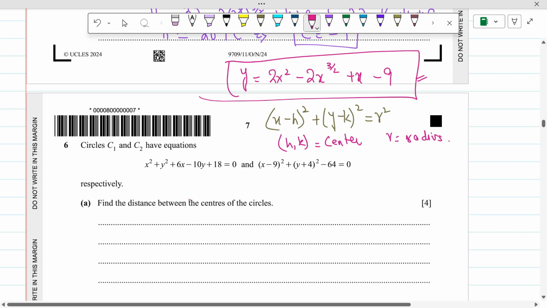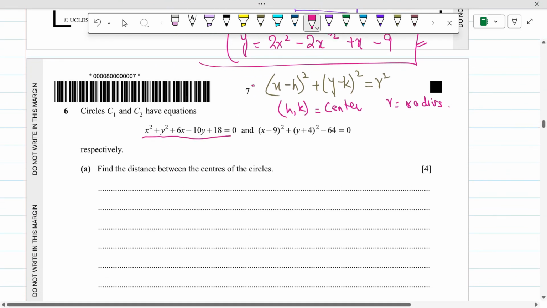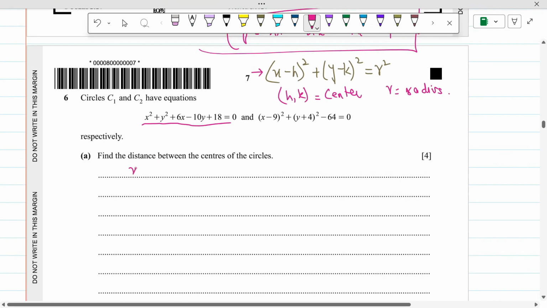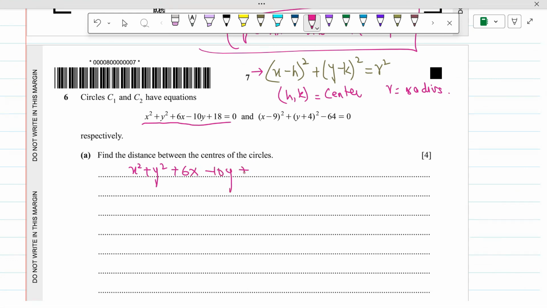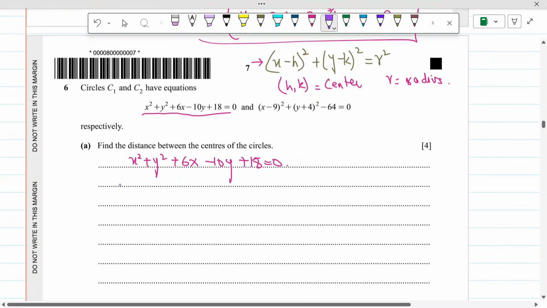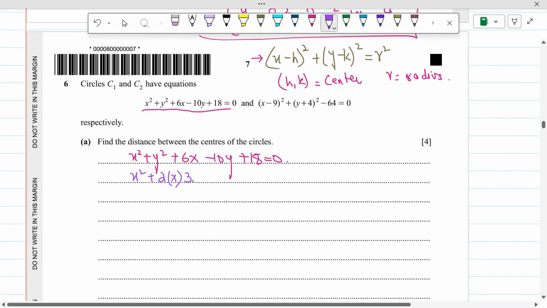If we can find the center of both equations, we can find the distance between the centers of the circles by applying the distance formula. So this equation needs to be converted into this format. x square plus y square plus 6x minus 10y plus 18 equal to 0. Using the completing square method, x square plus 2 times x times 3, because 6x is 2 times 3x.